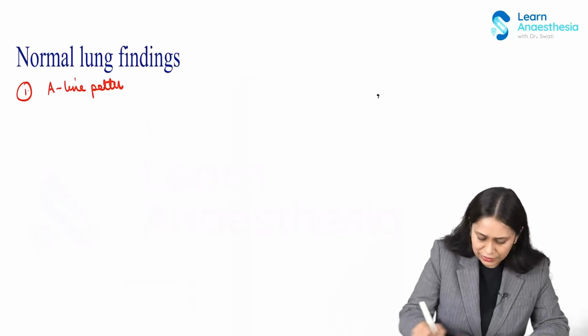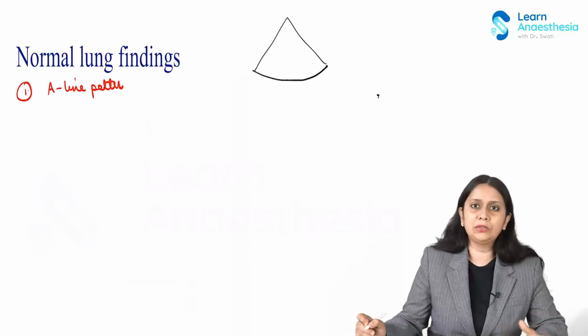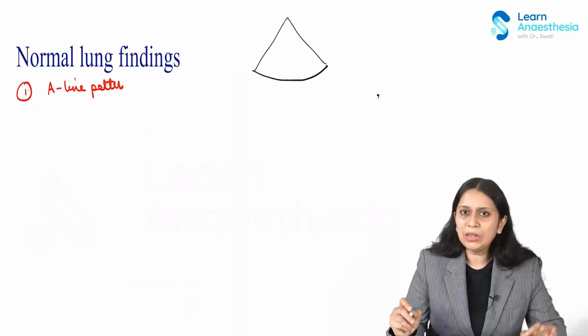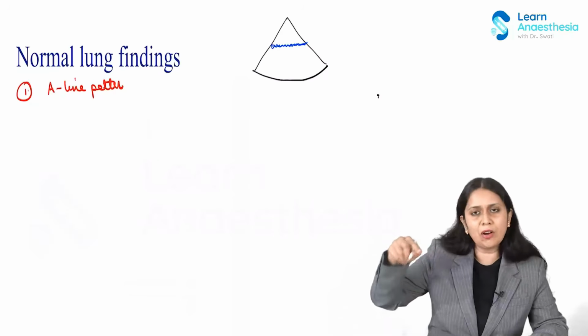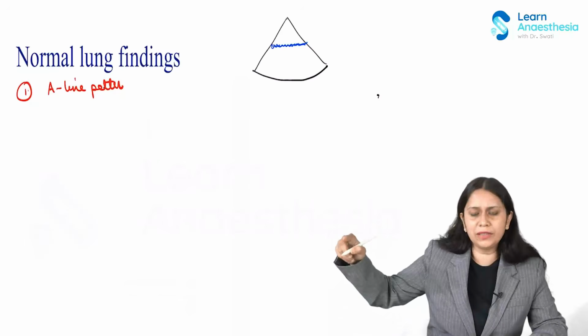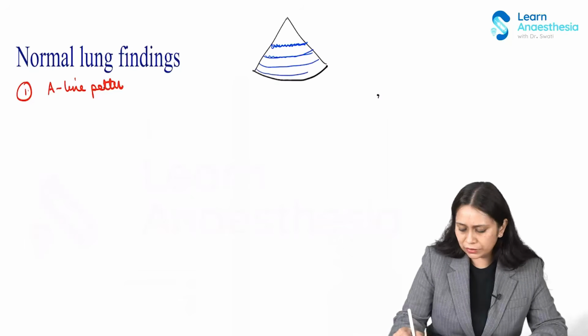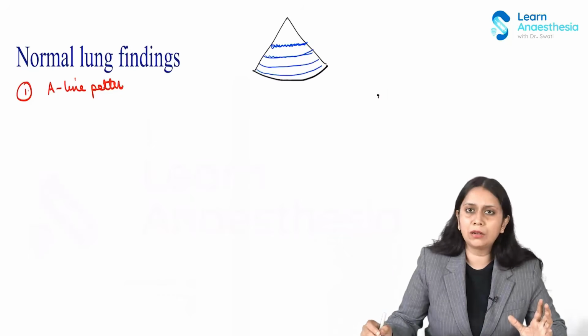If this is the screen of the ultrasound machine, what we see in the middle is a hyperechoic shimmering pleural line. This hyperechoic shimmering pleural line has a horizontal rhythmic movement along with the respiration. And at regular intervals there is a reverberation artifact of this pleural line to the deep of the screen.